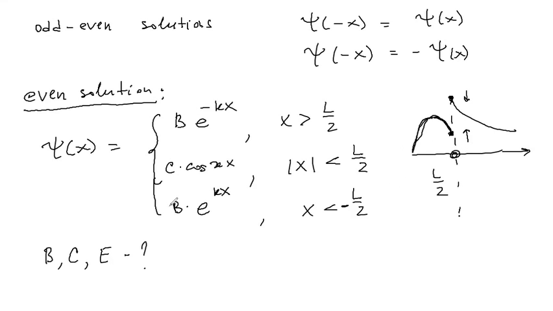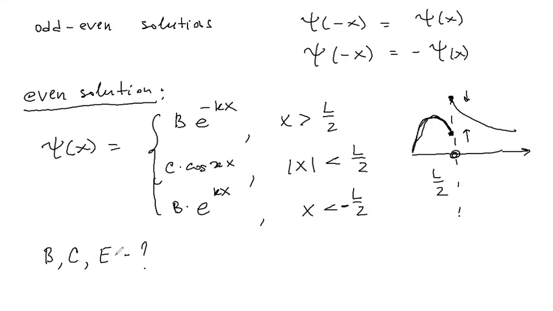So then I have to be careful about which constants I can pick. So how many conditions do I have? Two. My wave function should be continuous and the derivative of my wave function should be continuous. How many equations, how many unknowns do I have? I have three unknowns, yeah? And I have two conditions. Well, I have also the normalization condition.